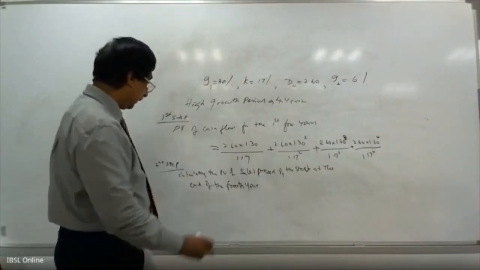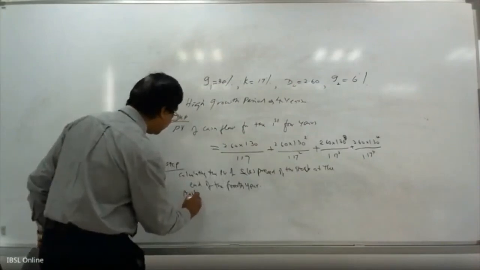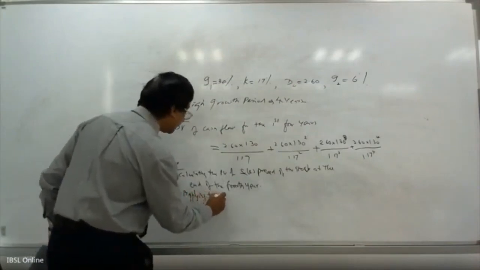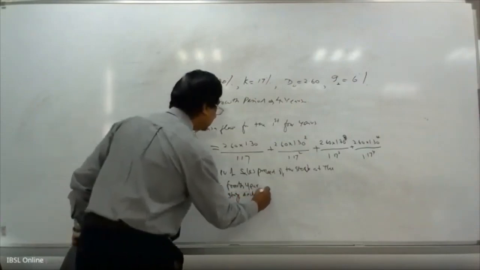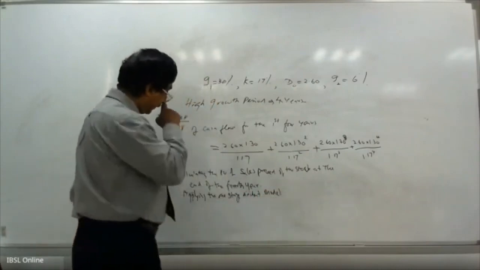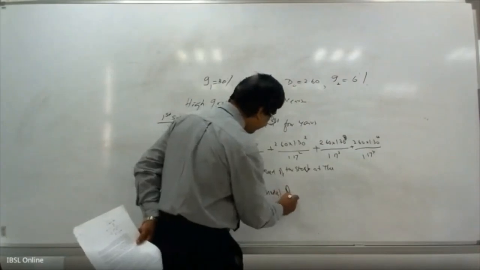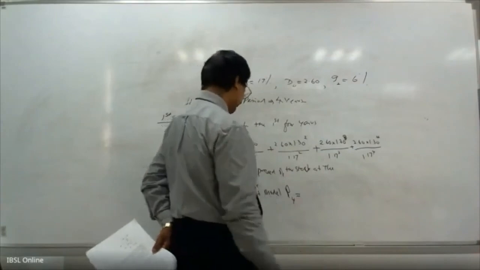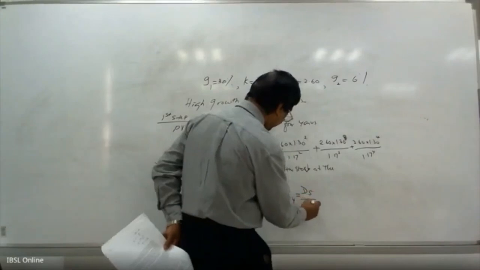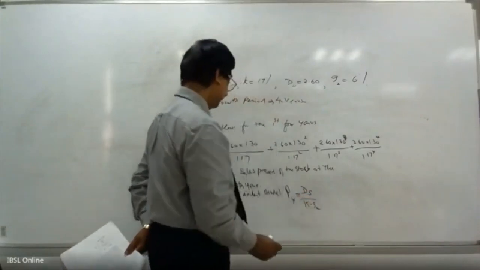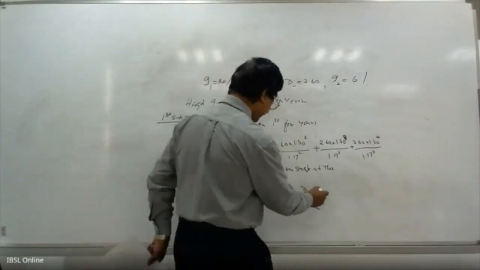There we apply the one-stage dividend model. P4 equals D5 divided by K minus G2 here. That is P4.